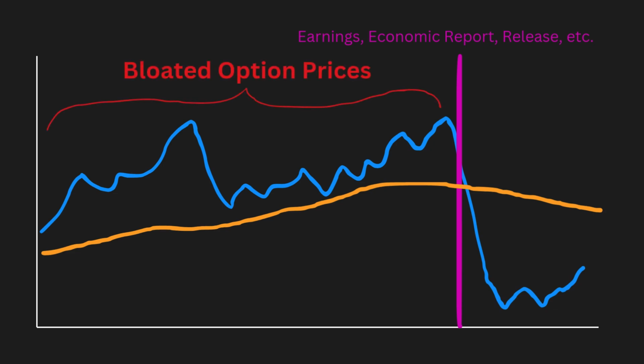This is what makes IV so important. You may be right in the stock's directional movement, but the option you bought was inflated in value because of heightened IV. Sometimes IV is already pricing in 100% upside or downside moves.